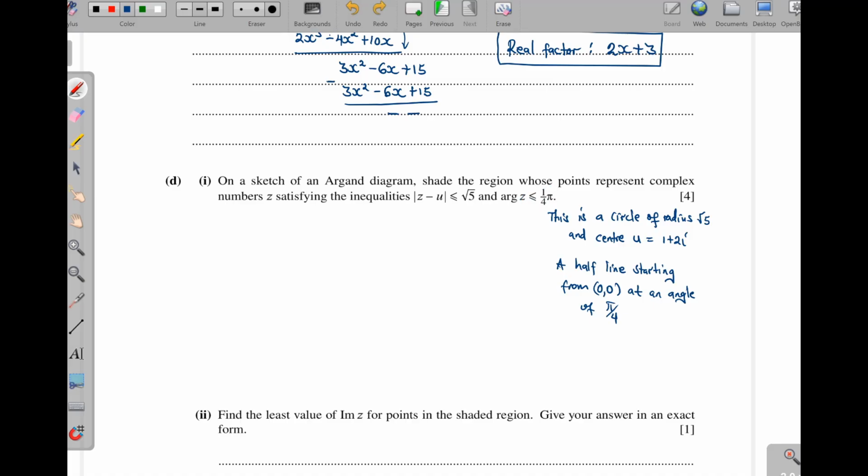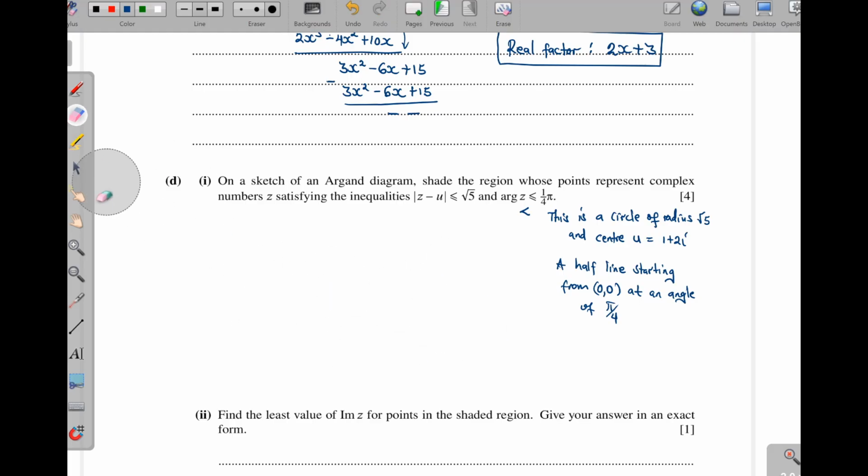Okay, so when we draw it like that, we are looking at this region of all points that are in here less than the pi over 4. So this one will be made bold because since it is less than or equal, that means also the points that are on that line are considered. But if it is, let's say, less than, then that means this one will be made dotted, meaning any point that is on this line is not considered. Okay, so that is that.